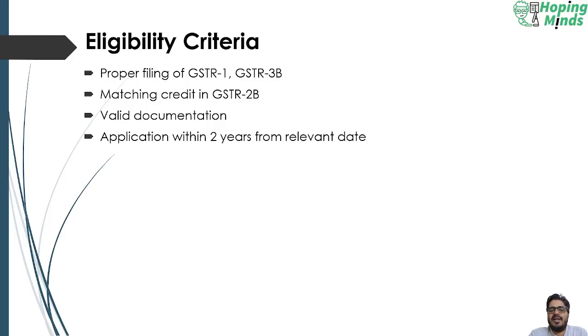But there are certain conditions subject to which refund can be claimed. Such conditions include filing of relevant returns, that is GSTR 1 and GSTR 3B. Then availability of matching credits, that is one-to-one correlation with GSTR 2B. Then submission of documentary evidence as required by the officers and claiming within the prescribed timeline, that is within 2 years from the relevant date.